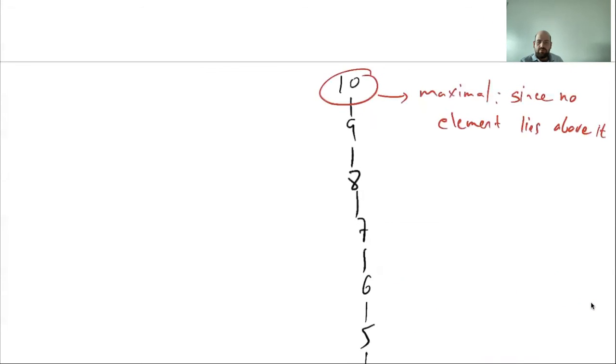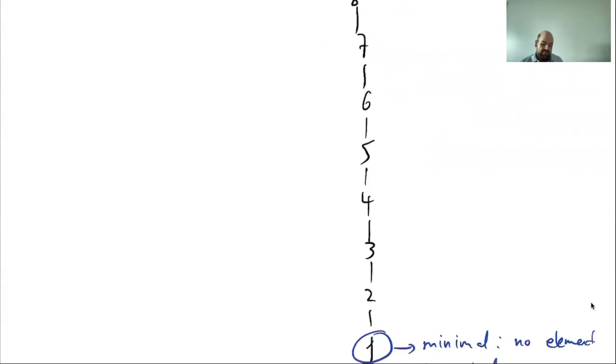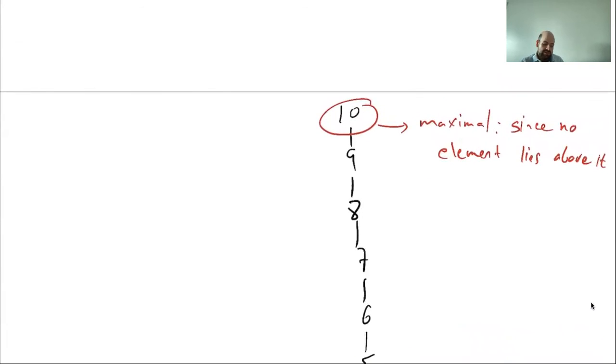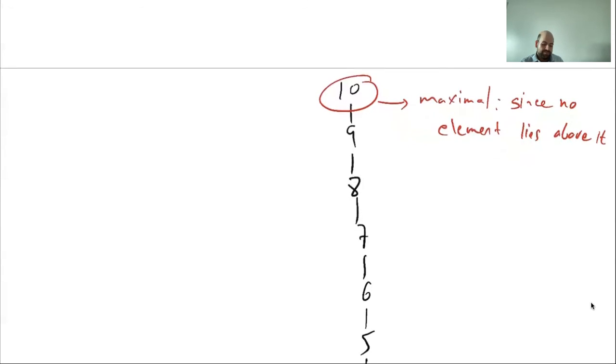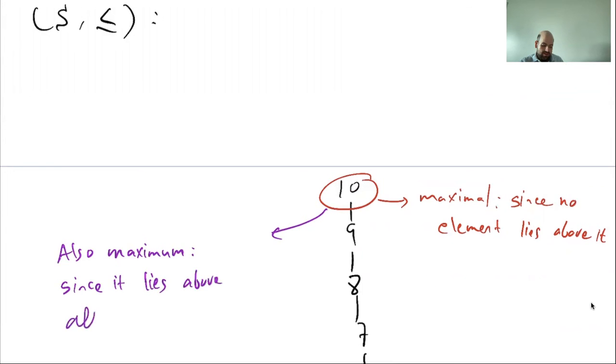And maximum, if it exists, is an element which lies above everything. Well, 10 lies above everything, right? So 10, which we showed is maximal, is also maximum, since it lies above all other elements.